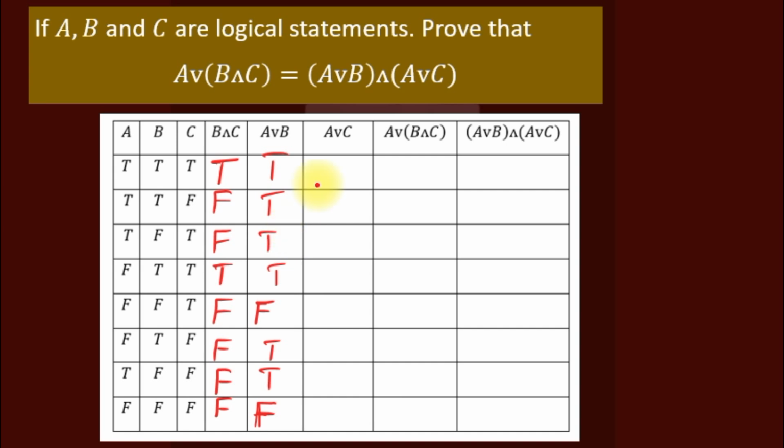So why C? A or C? A or C is false when both are false. So let's look at A and C to know where both are false. So we have here, it's false when both are false. Yes.